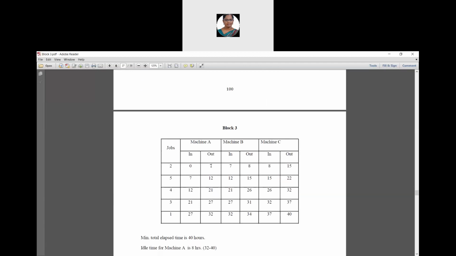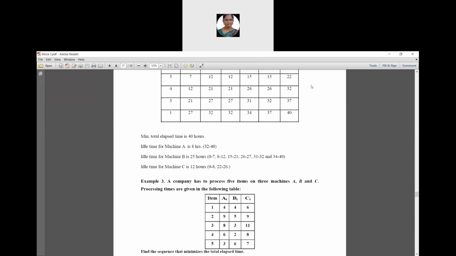Now we write 7 here, and the out value is calculated by adding the in value 7 plus the processing time for the fifth job in machine A, which is 5. So 7 plus 5 is 12. Likewise, we have to find all of these for machine B in and out values, and machine C in and out values.